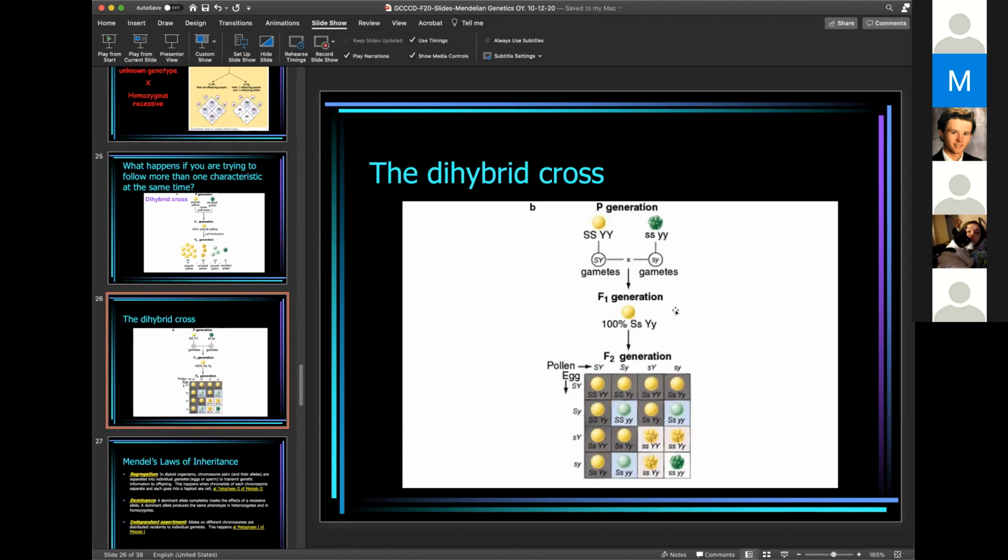By both the genotype and phenotype. The phenotype, okay, so green and wrinkled disappear in the F1. So that tells you that smooth and yellow are dominant.